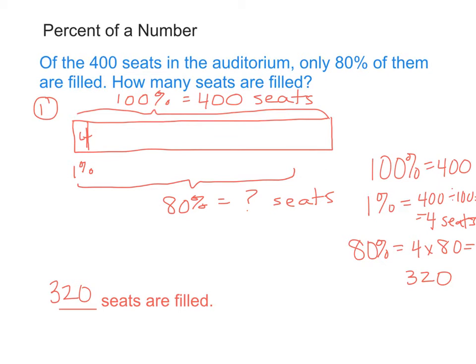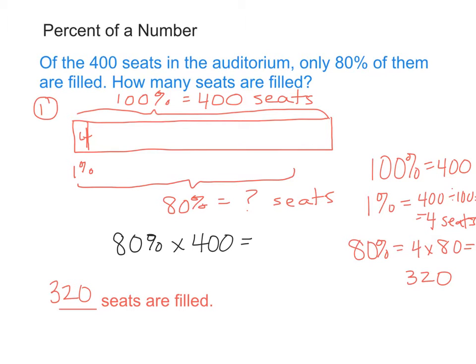Method 2 goes to the multiplication method, because remember that of means multiply. 80% of them being the 400 seats. So 80% of the 400.